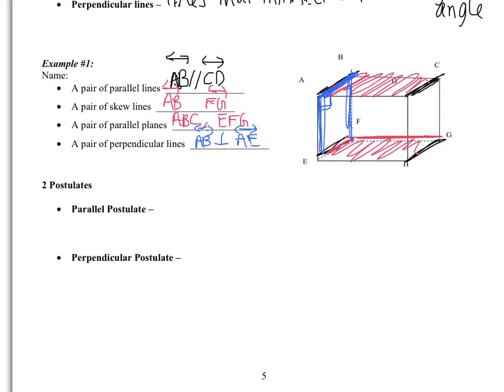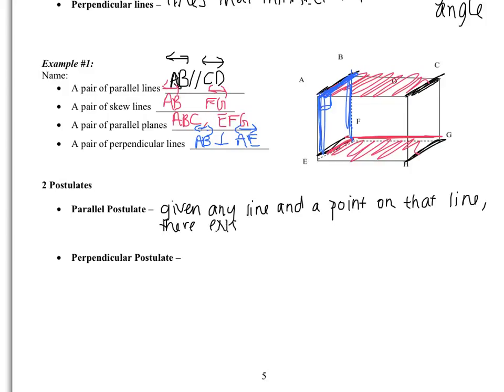Okay, we have two postulates, the parallel postulate and the perpendicular postulate. Okay, so the parallel postulate says, given any line and a point on that line, there exists exactly one line parallel through the given point.